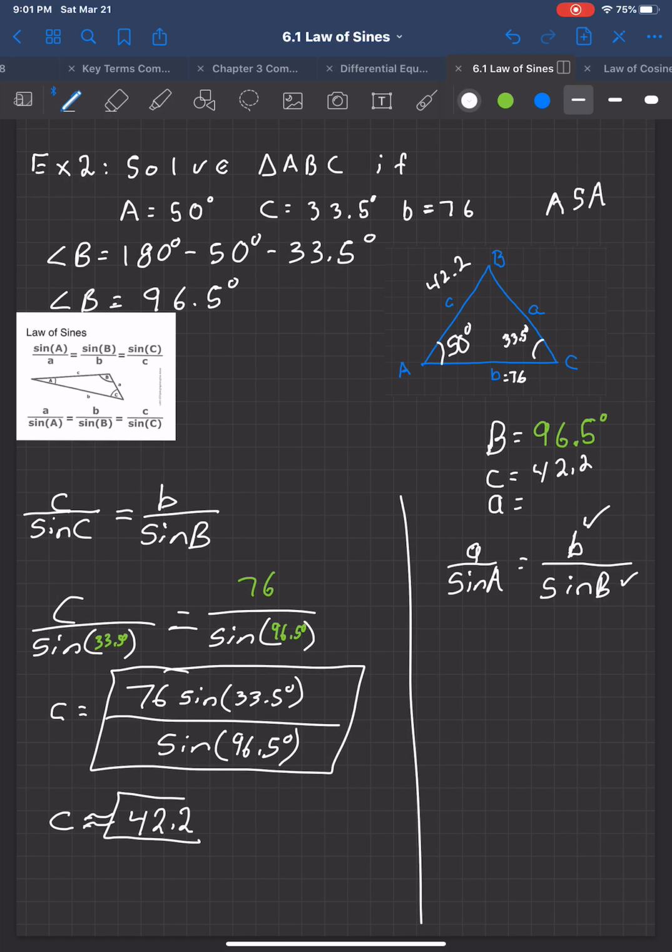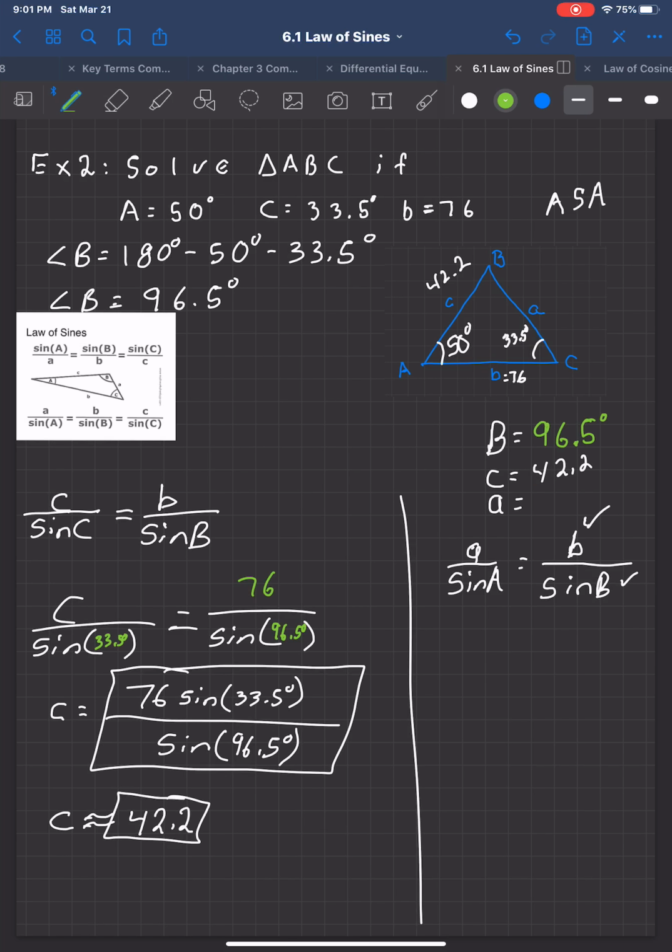But we approximated C. So if I really, truly cared about being as close as possible in my margins, then it's better to choose B over sine of B, because I actually know, without rounding, angle B, little b, as well as big B. But since I'm allowing for rounding errors, it would have been okay if you had chosen C over sine of C.